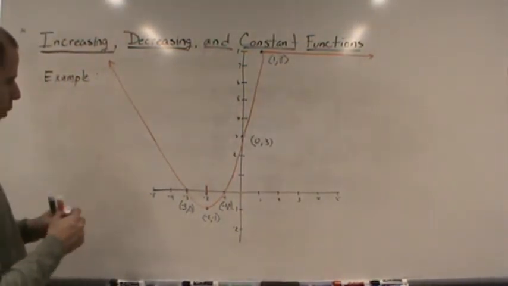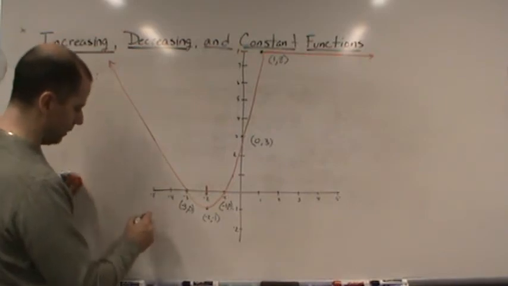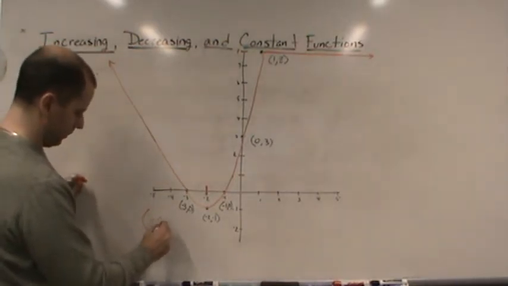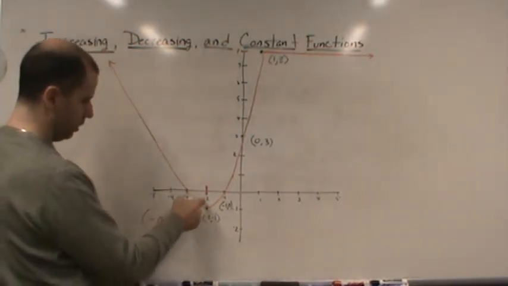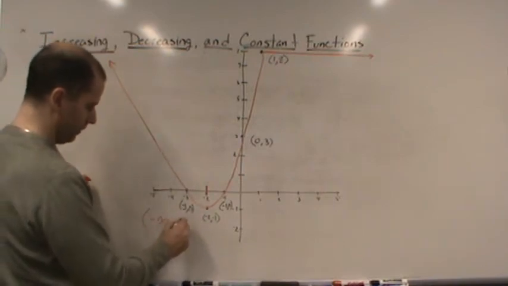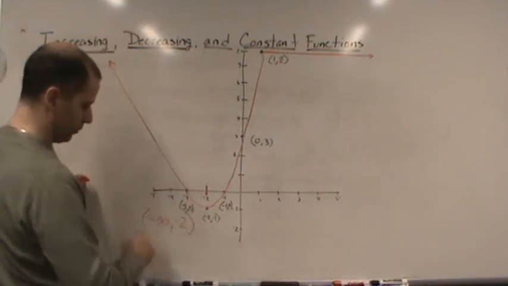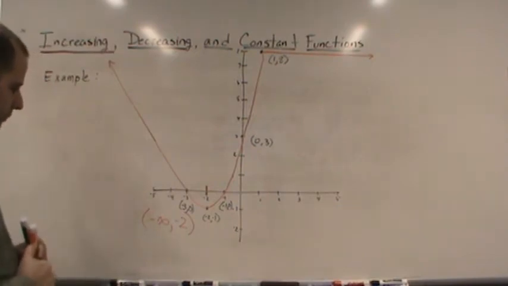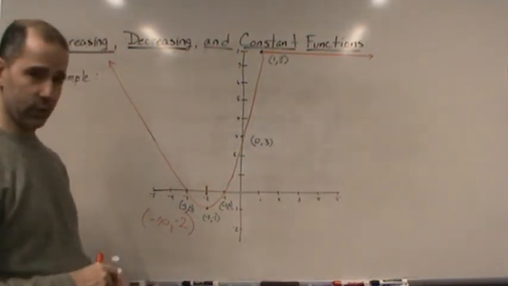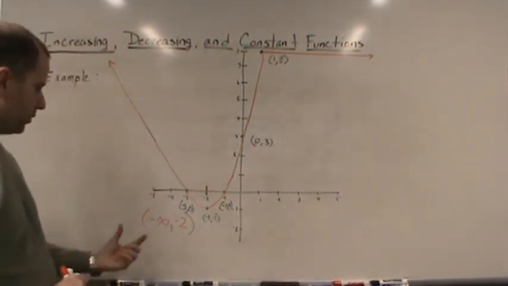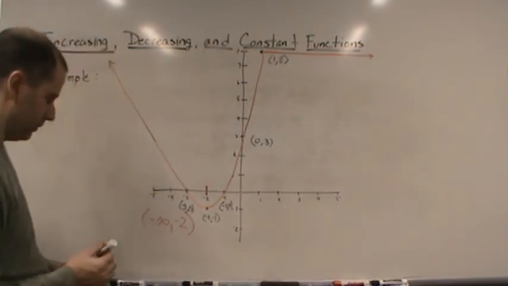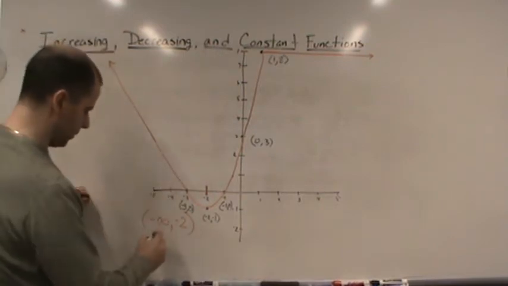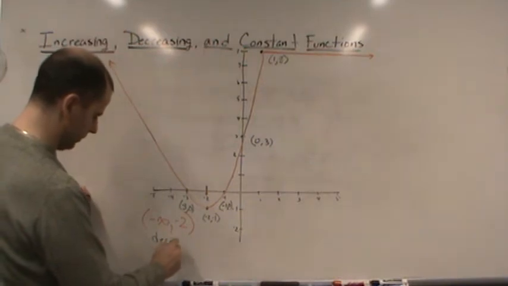So from negative infinity to negative 2, and again, we're going to use parentheses, not a square bracket, because we're only interested in open intervals. So on this interval, the graph of the function is decreasing.